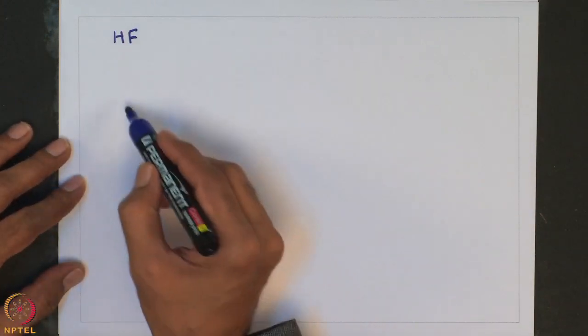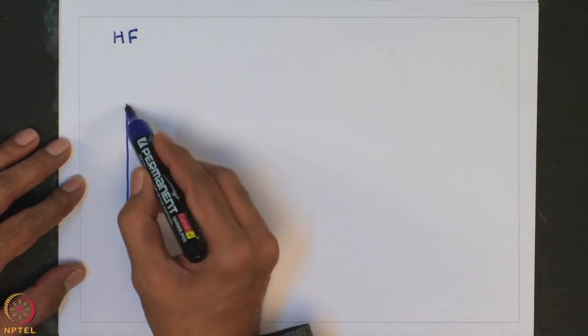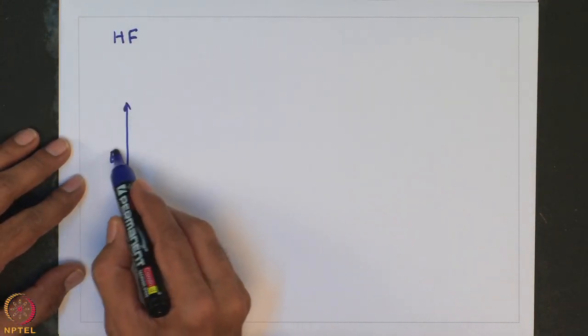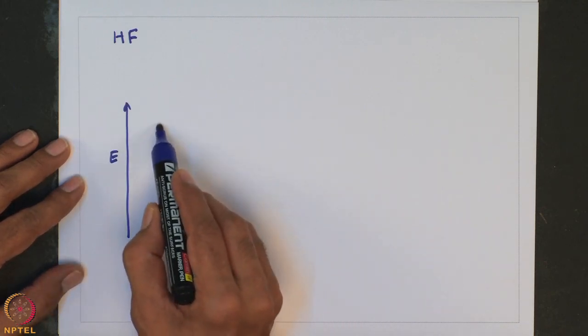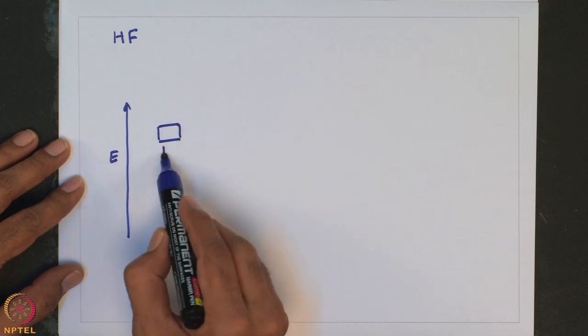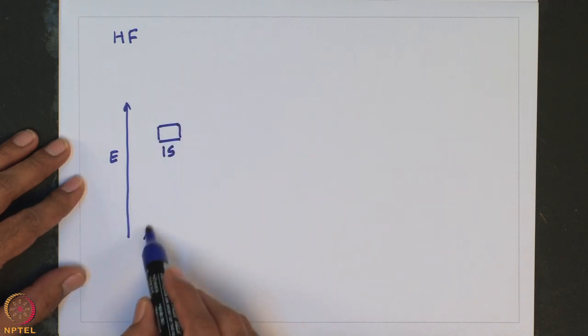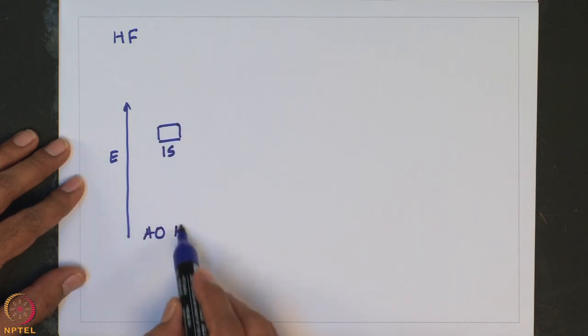What we should know is the relative electronegativity of the two atoms that are combining to make a diatomic species. For example, let me consider HF. This one should always remember to write. So, let me put one s here. This is coming from the atomic orbital of hydrogen.